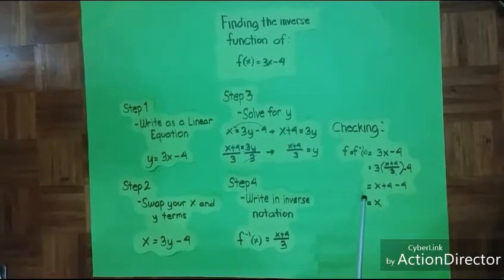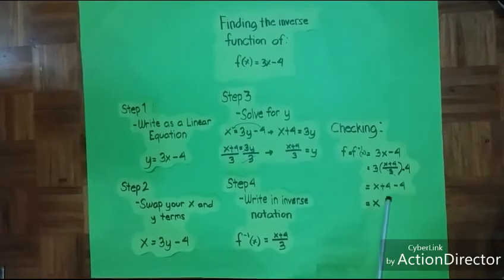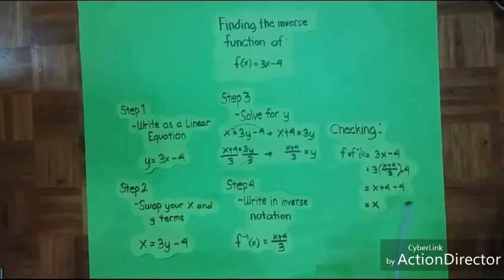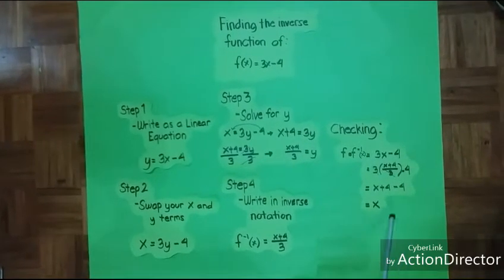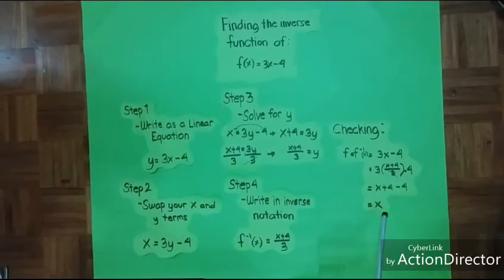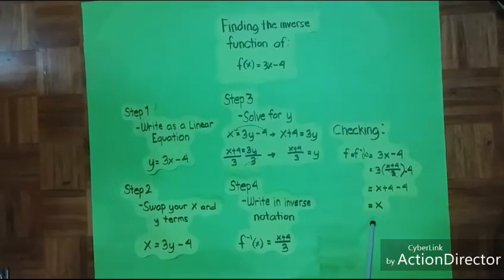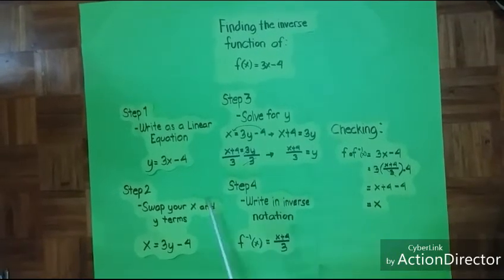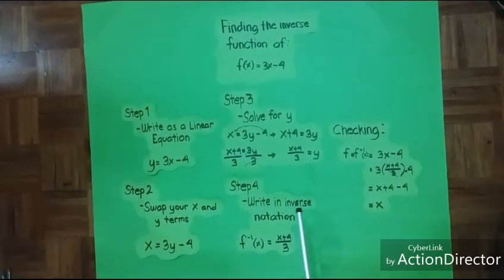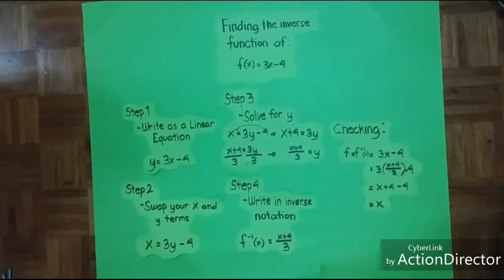Now we come up with the equation x plus 4 minus 4. So we just perform the indicated operation, giving us the last and final answer, which is x. Since our final answer is x, that guarantees that our solving is correct.